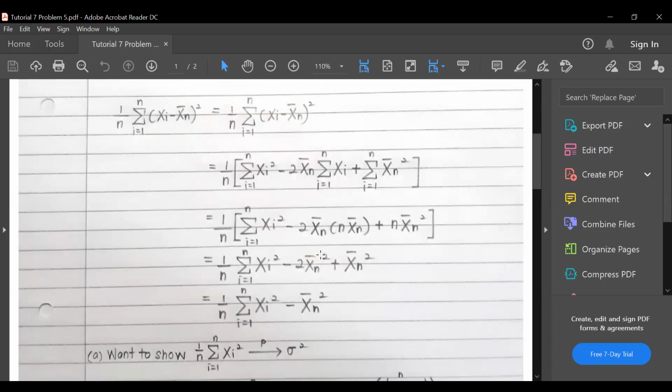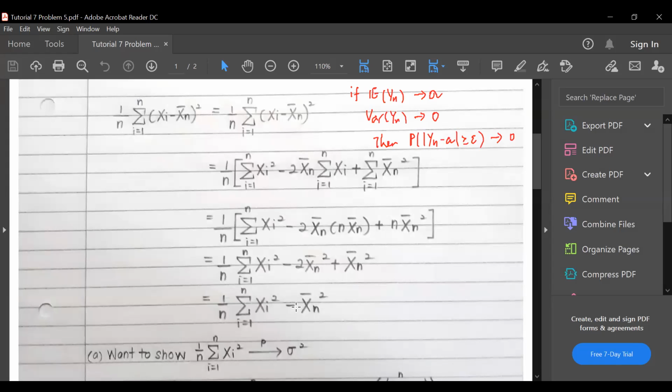The previous result says that if the expectation of Yn converges to a, and the variance of Yn converges to 0, then this thing here converges to 0. This is the previous result.